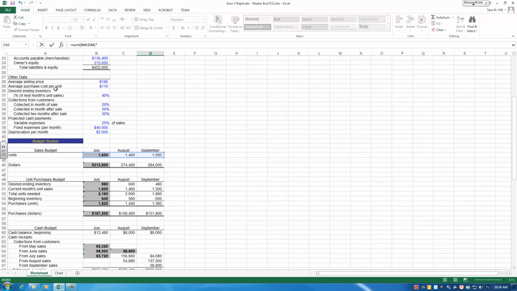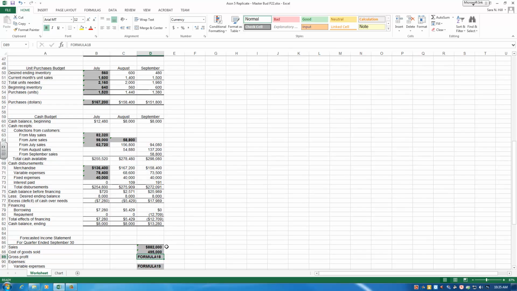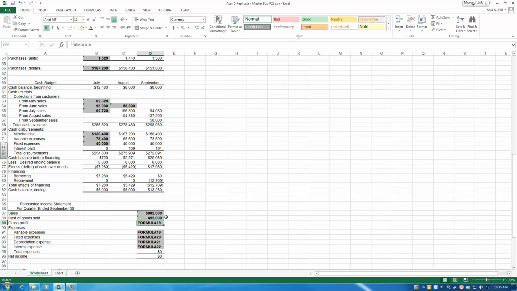Average purchase cost per unit. And then gross profit, if you remember, is simply your sales minus your costs of goods sold. So let's go ahead and subtract our cost of goods sold from our sales.